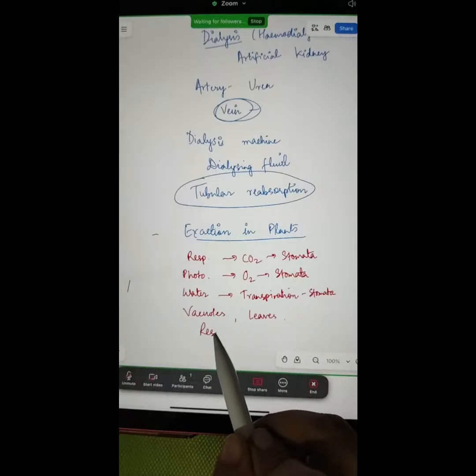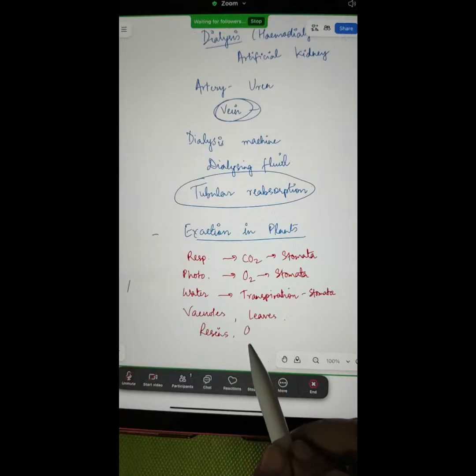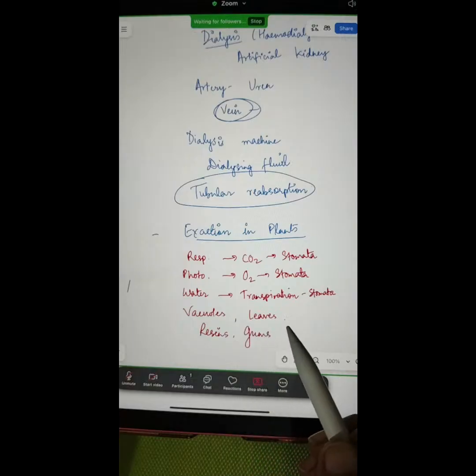Also remember, resins and gums are also the excretory products in the case of plants, and they may be helpful to mankind but not to the plants. That is why a plant is always benefited by sending them out. So excretory products in plants are gases: CO2, which is produced by respiration, and oxygen, which is produced by photosynthesis, and gaseous exchange is always being done by stomata.